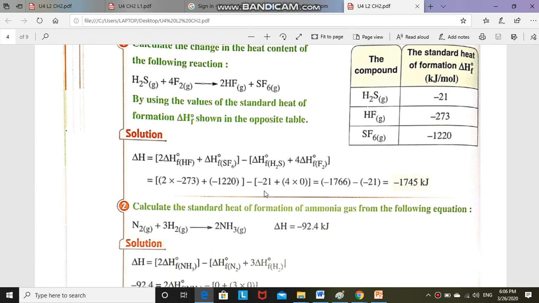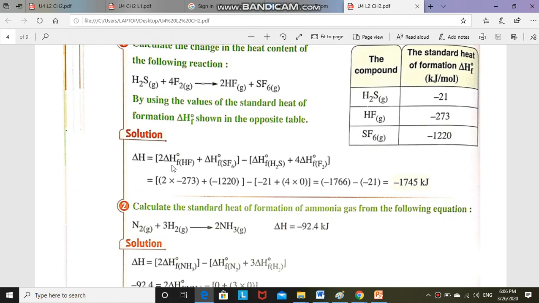We have the rule: delta H equals the sum of heat of formation of products minus the sum of heat of formation of reactants. We take each compound with its coefficient in front of it. We have 1 mole here, 4 moles here, 2 moles here, and 1 mole here. We take the products first.